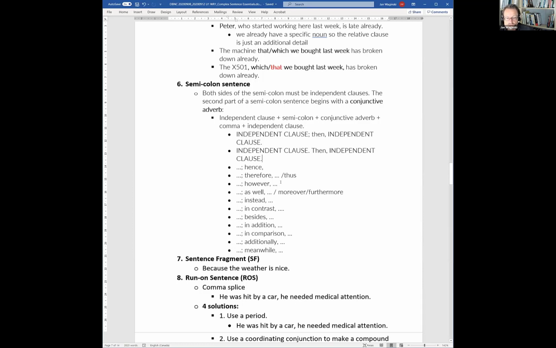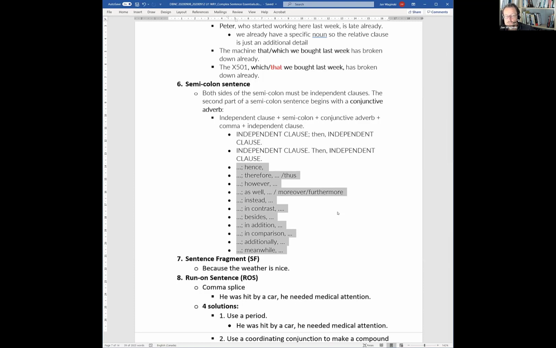The reason for doing this instead of using a period, we don't really have time to get into it, but it's for balanced sentences, like contrasting sentences. Just think about the relationship between the ideas that's indicated by these words. The second part is directly related to the first part.